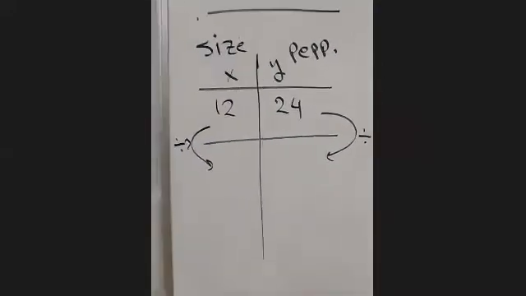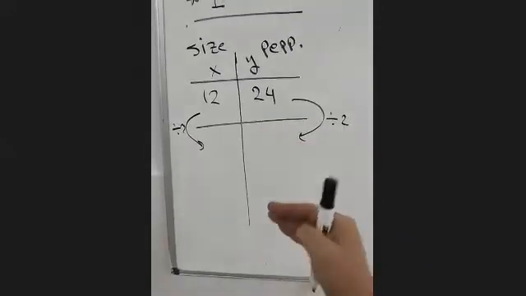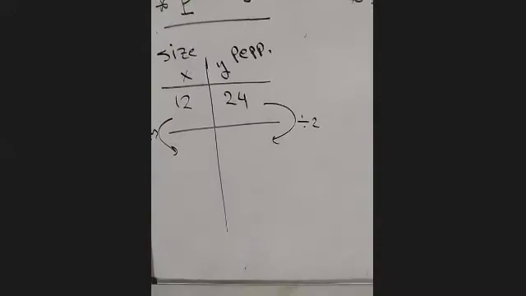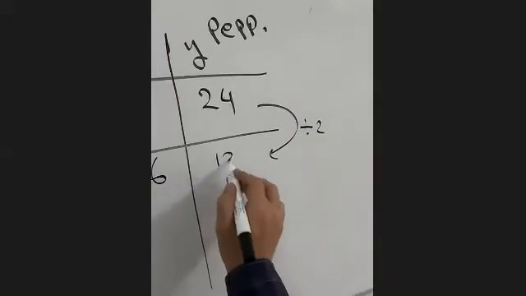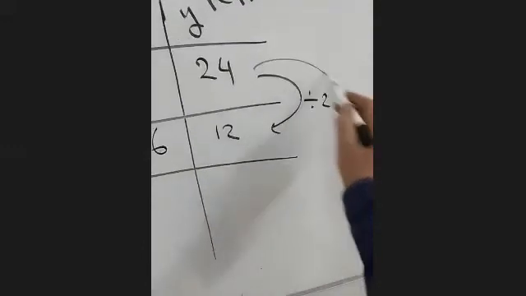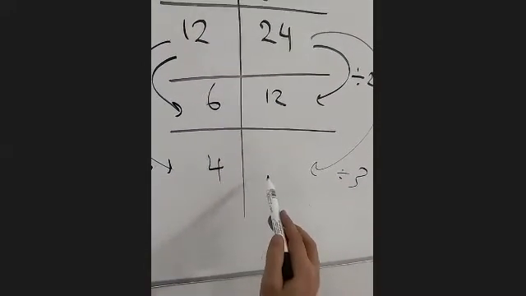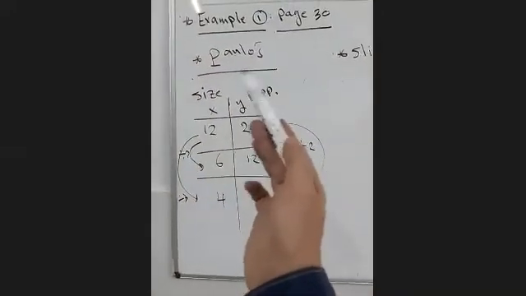But if you multiply here, the 24 will be 48, then 96, which makes big numbers. I need small numbers so I can grasp them easily. So if we divide by 2 on both sides, this will be 6 and this will be 12. If we divide by 3 on both sides, this will be 4 and this will be 8. Now I have the table of Paolo.